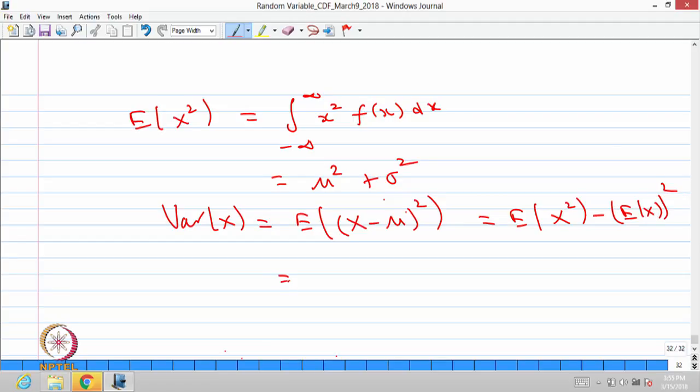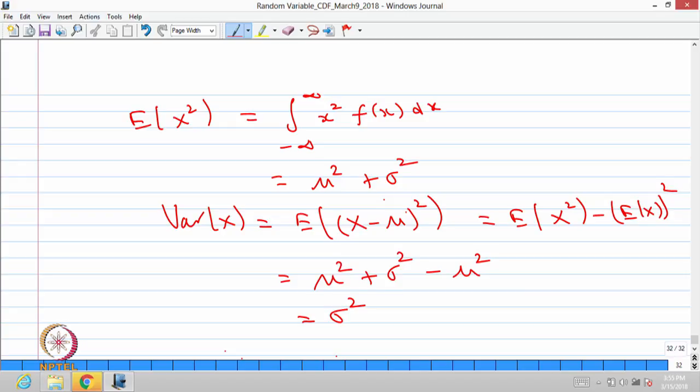Just now we got it, E of x square is mu square plus sigma square, and the expectation of x, that is the mean, we got as mu, so minus mu square. Therefore, you get the variance is sigma square.